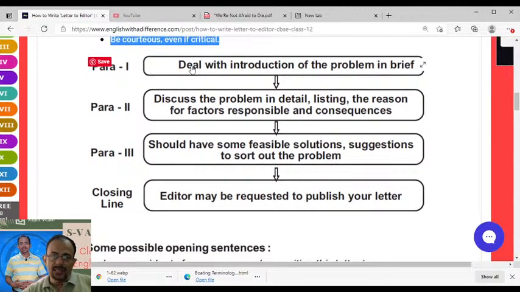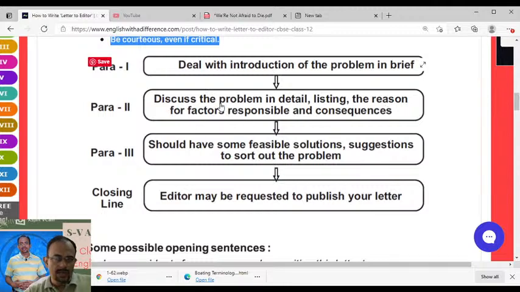As you can see here, deal with the introduction of the problem in brief. What is the problem? If you are writing a letter to the editor regarding a social or political problem, you first have to describe what this is all about. Then describe the problem, listing the reasons or factors responsible, as I have told you.